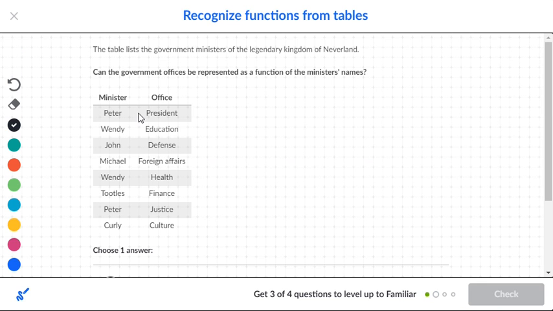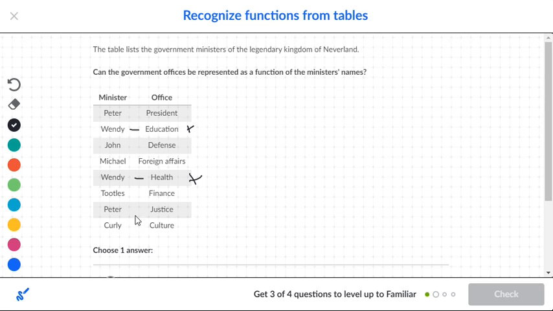Okay, now we're dealing with names. We have Peter is president, Wendy is education, John is defense, Michael is foreign affairs. But notice here, Wendy is now with health. So you have here education, and you have Wendy with health there.